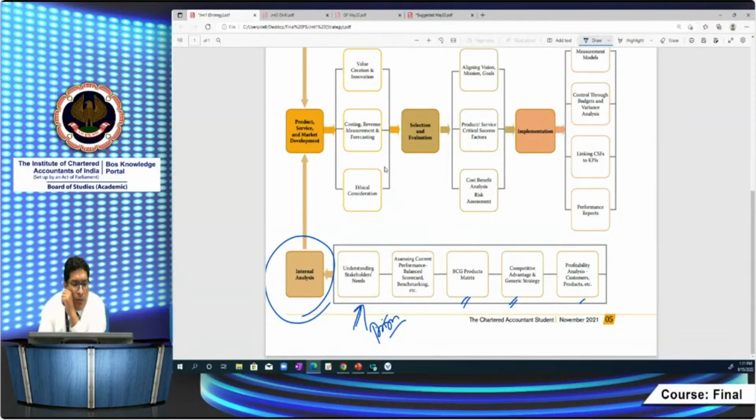Here I want to give you an example of balanced scorecard. Balanced scorecard covers 4 perspectives: financial, second customer, internal, learning and innovation.